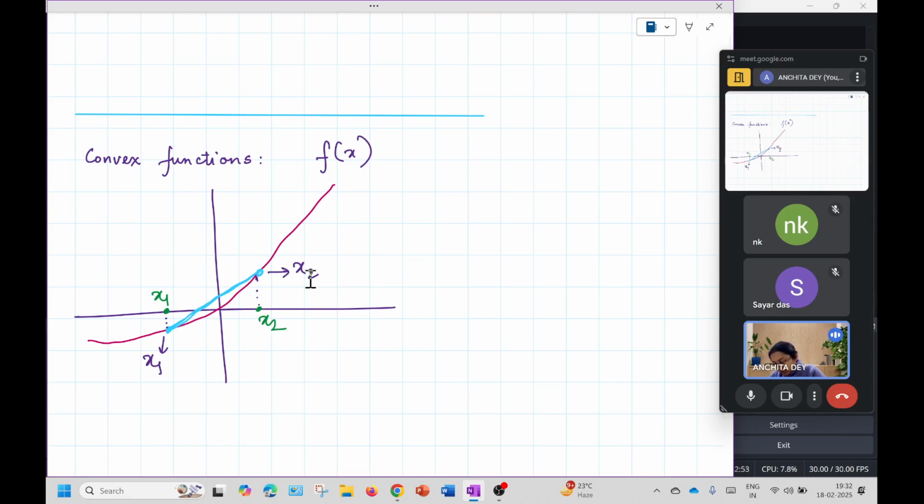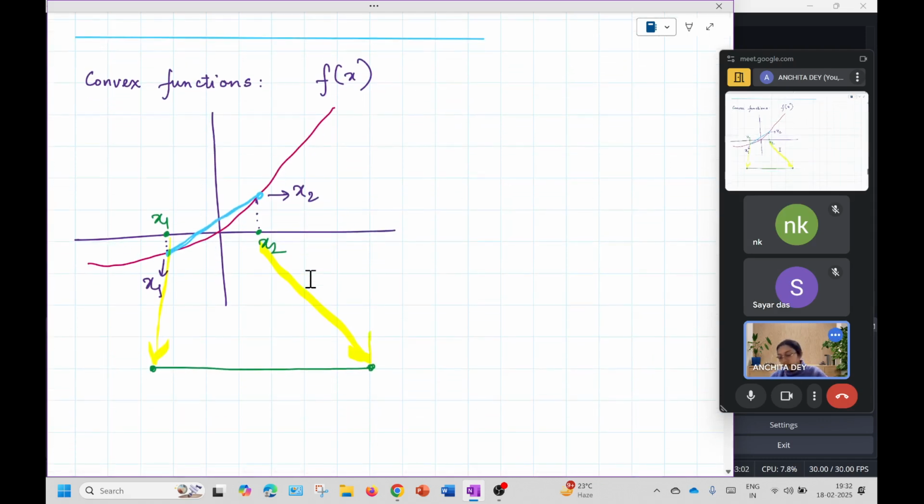Now if you focus here, if I zoom it for you, this is my x1 and this is my x2.